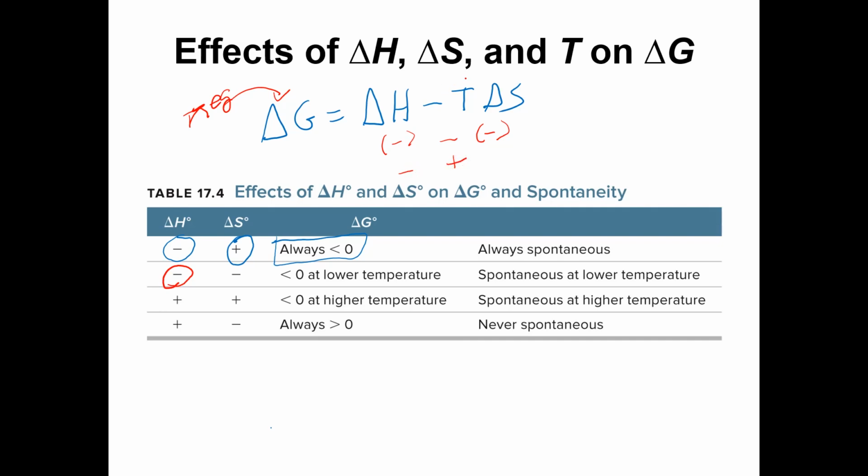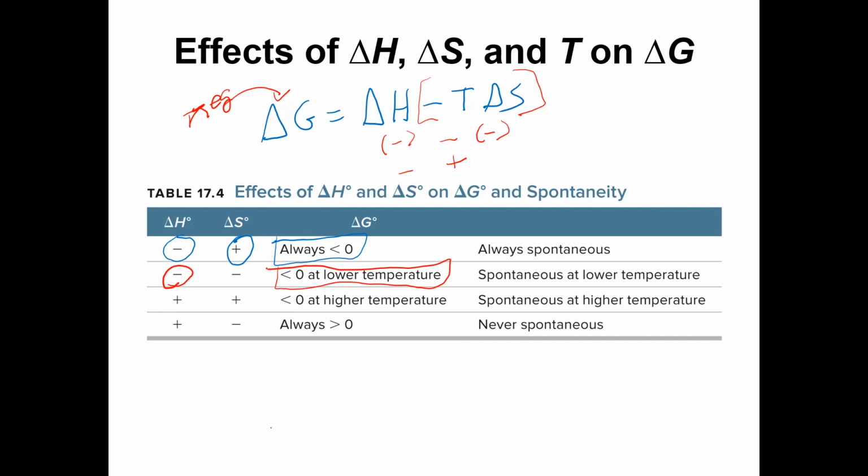So essentially this term here would be adding to delta H. But if T is small enough and this term is small enough, then delta H is large enough that delta G will still be negative. So even if delta S is negative, at lower temperatures, the reaction is still spontaneous because delta G is still less than 0.